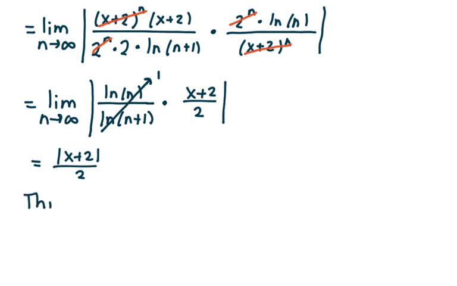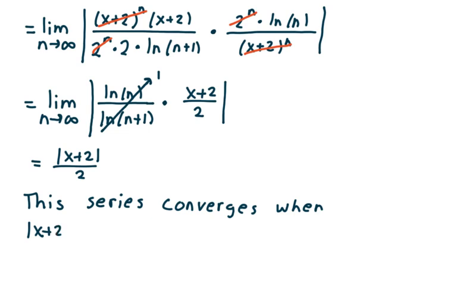This series converges when the absolute value of (x + 2) divided by 2 is less than 1.